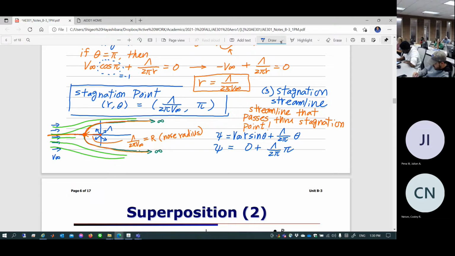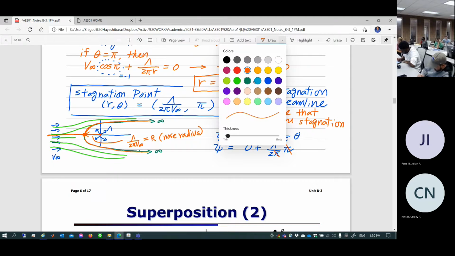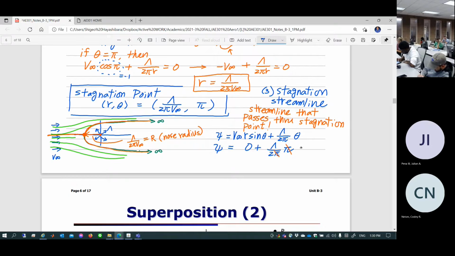Pi and pi cancel. So you come up with the constant, which is lambda over 2. So the equation is psi equal to lambda over 2. This is the equation of the stagnation streamline.